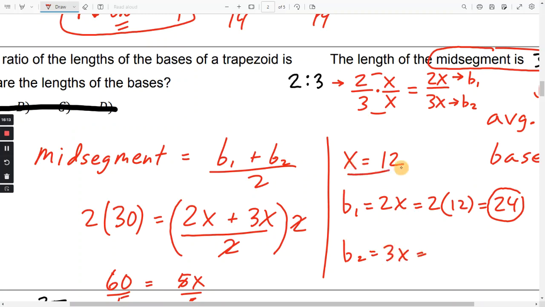So we have to take this and plug it in. 3 times 12 equals 36. Alright, so you just take the x and plug it in to get the actual base length for each one.